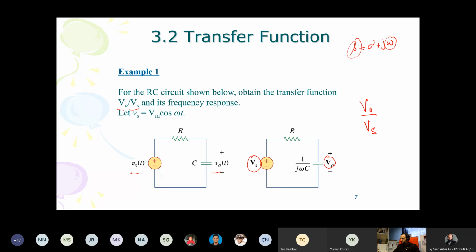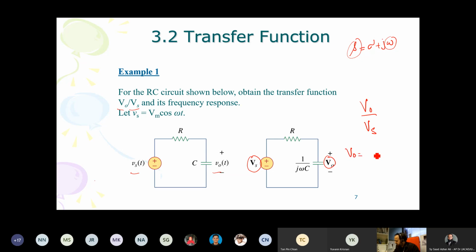So we're looking for V naught, which is the output voltage in terms of Vs. What is the transfer function? Transfer function is representing the circuit parameters in a way that we just have two variables, the output and the input. In this case, it looks very easy if you just apply voltage division.